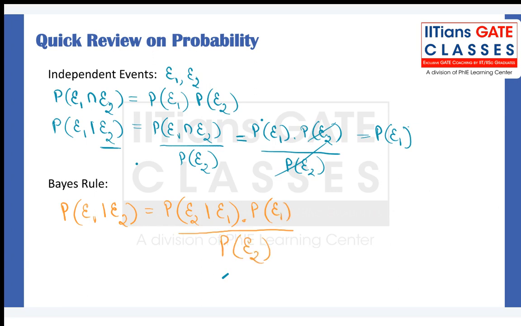Typically, you flip this, so you get E2 given E1 multiplied by whatever is on the denominator, divided by, since this is a denominator, so you put E2.